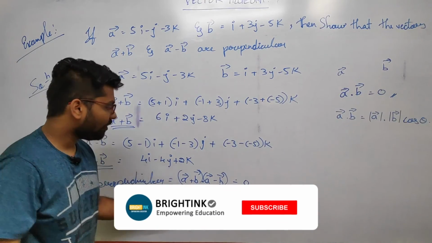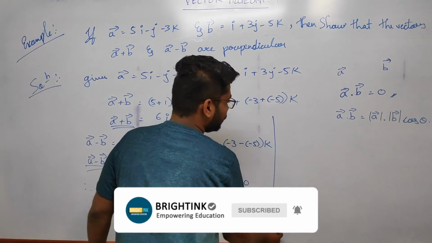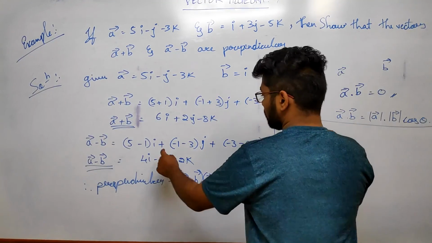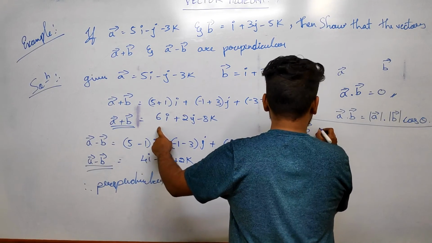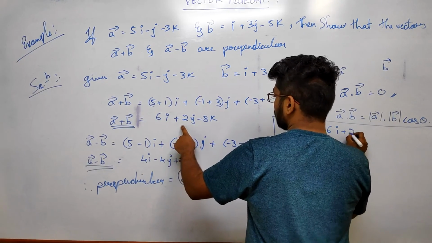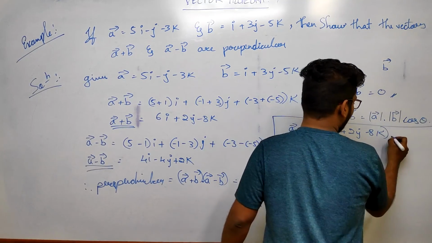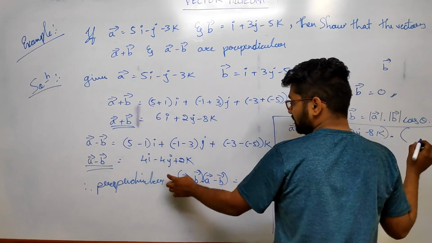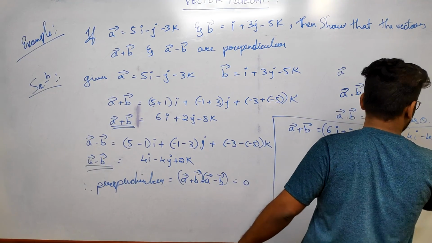So therefore now let us find the dot product between these two vectors. I'll just do the procedure over here. Just observe, a bar plus b bar is what? 6i plus 2j minus 8k. We are going to multiply it with this vector, that is 4i minus 4j plus 2k.